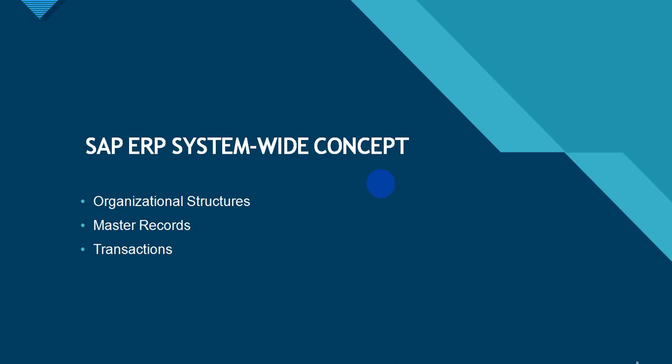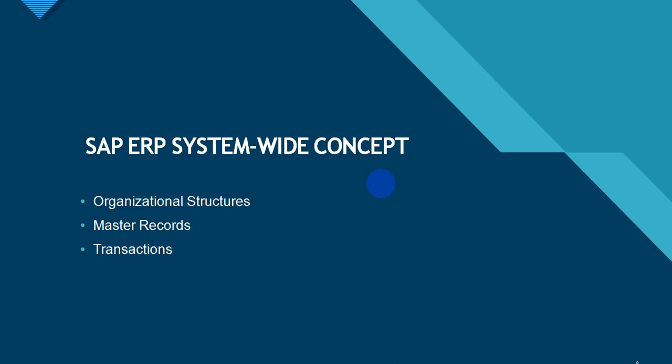In a company you have different locations, subsidiaries, branches, warehouses, plants, factories, and then you have departments.